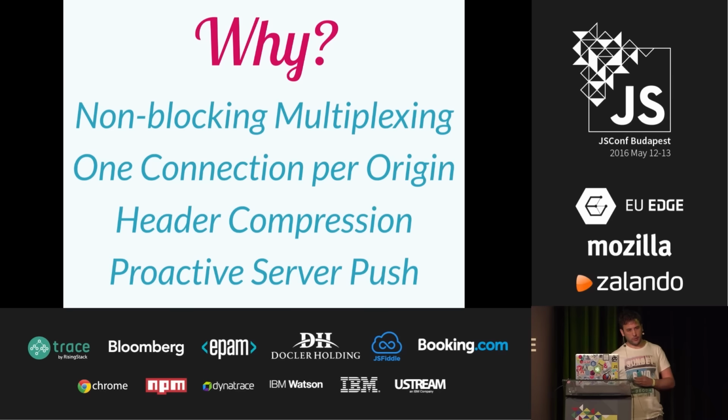And there's also proactive server push, which allows a server to send, along with a piece of HTML, for instance, some CSS and JavaScript that's also required by that page, so that the browser doesn't need to wait until the page has loaded to start downloading those dependencies.